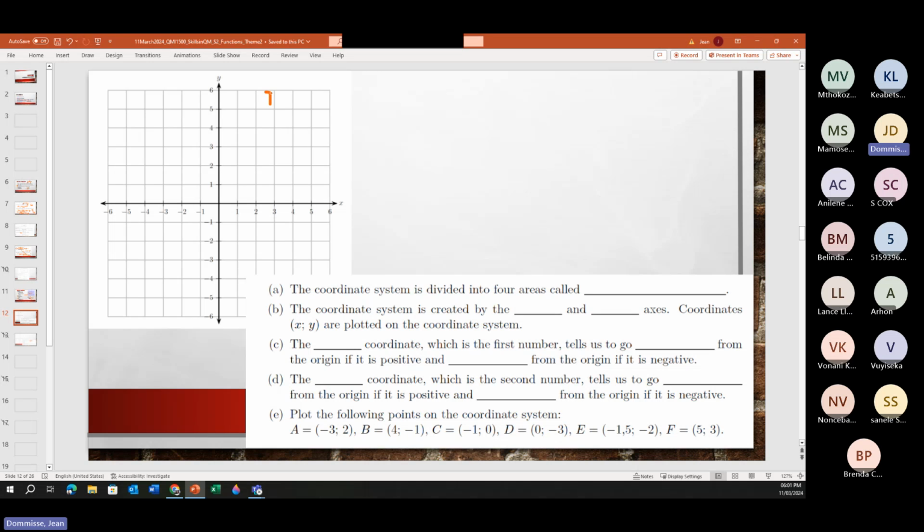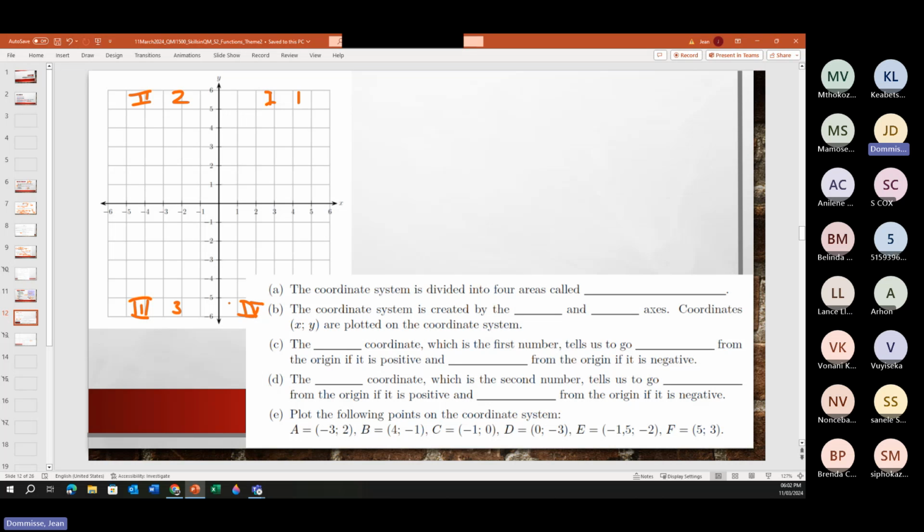This will be quadrant 1. This will be quadrant 2. This will be quadrant 3. And this will be quadrant 4. So that is how it would look. It might be that in some textbooks they still use Roman numerals, otherwise it might just be 1, 2, 3, and 4.